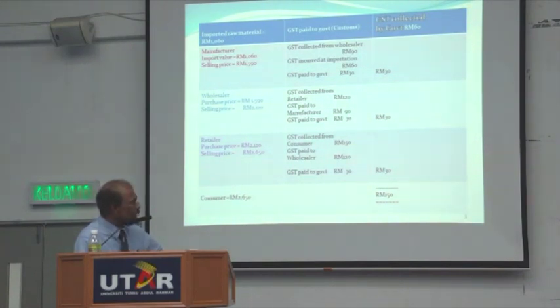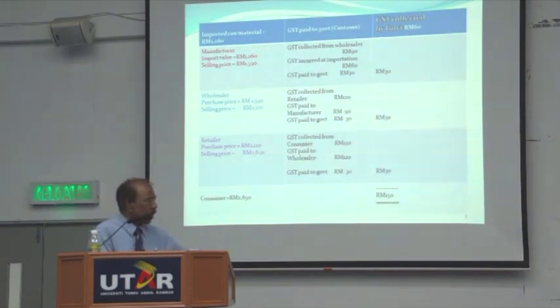Right? So you can see the whole chain there. Import and manufacturer sells to wholesaler, wholesaler sells to retailer. So assuming here that each of them are putting a loading of $500 for their own cost and profit, and you find that ultimately the tax collected is $150, which the customer pays.